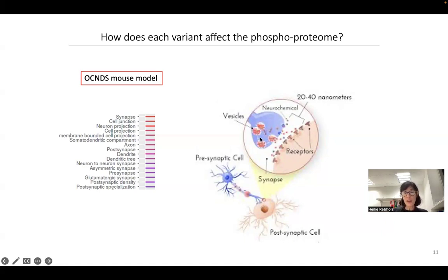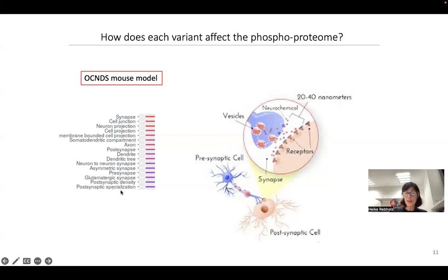Here is another scheme with that cell that releases the chemical signal to the postsynaptic cell. This domain we call the synaptic domain or the synapse. This is the region of a nerve cell that is most affected in its phosphorylation status in the mouse models of OCNDS that we have tested so far.